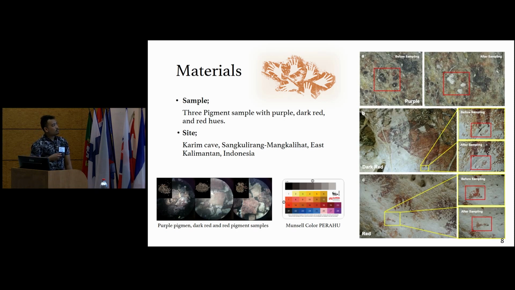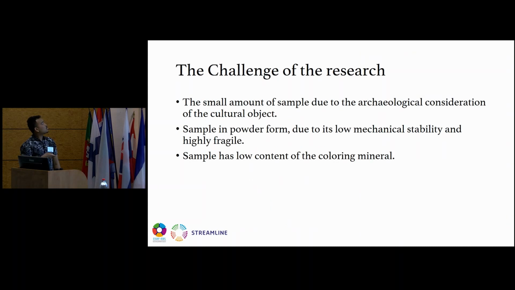This one is the sample of the purple pigment from the beehive-like figures, this one is the dark red pigment from the tapir figure, and this one is the red pigment from the hand stencil figures. These are our samples under the optical microscope, and this one is the Munsell color chart from the Perahu Institute in Griffith University. We use it to categorize the color of the pigment.